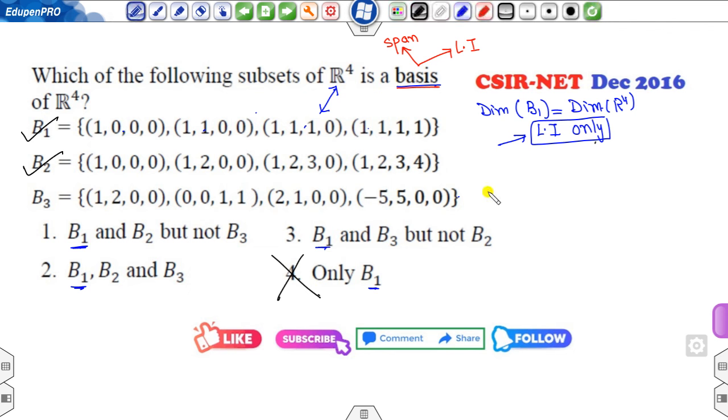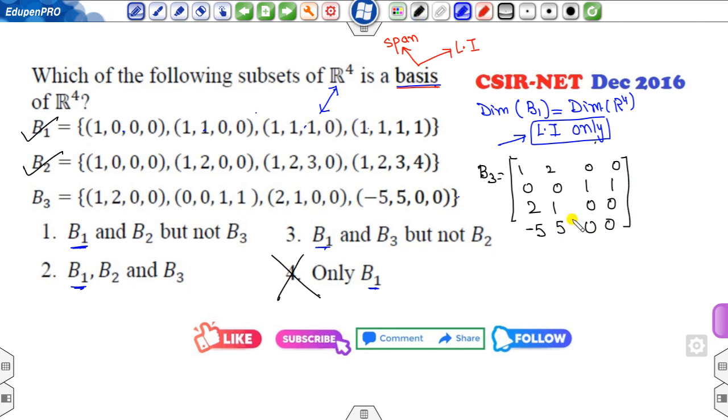Similarly, I can define the matrix B3. B3 is 1, 2, 0, 0, 0, 0, 1, 1, 2, 1, 0, 0, -5, -5, 0, 0. Can you find the determinant of this? It could be difficult, but I can change it into row reduced form. So I can multiply by 2 and subtract.